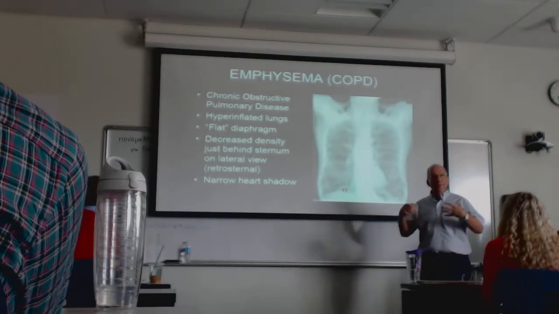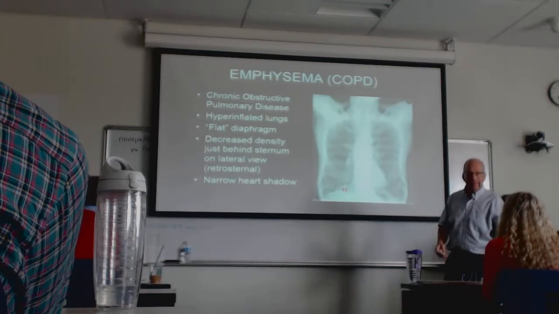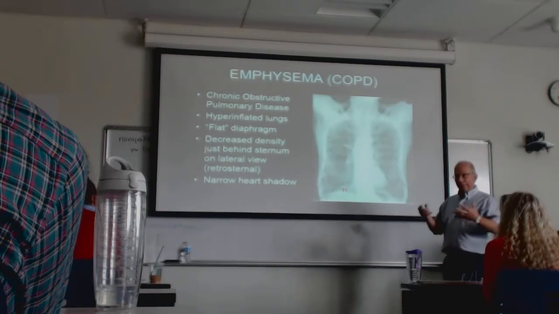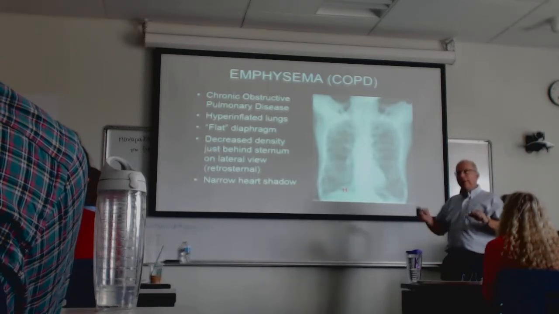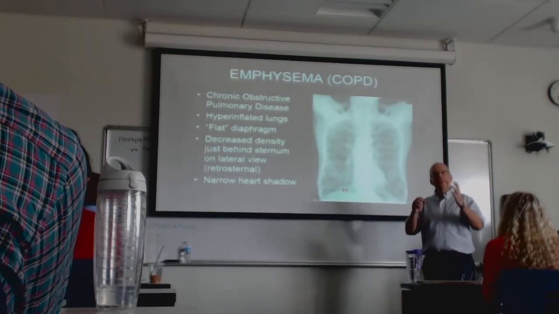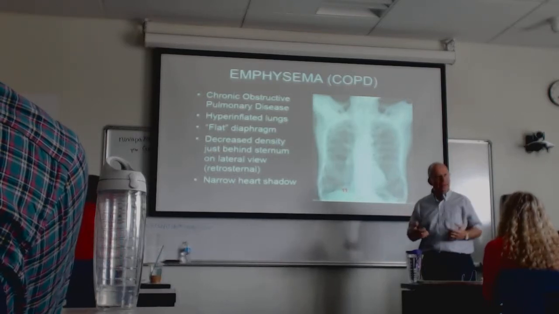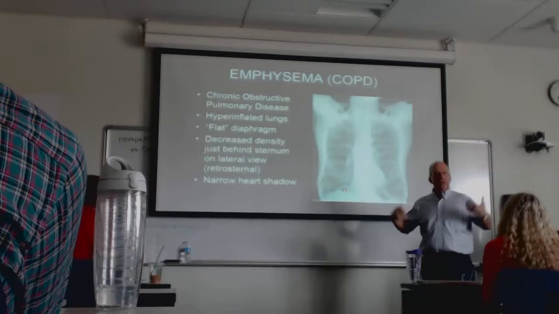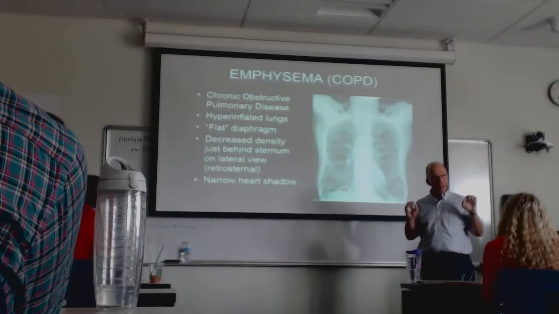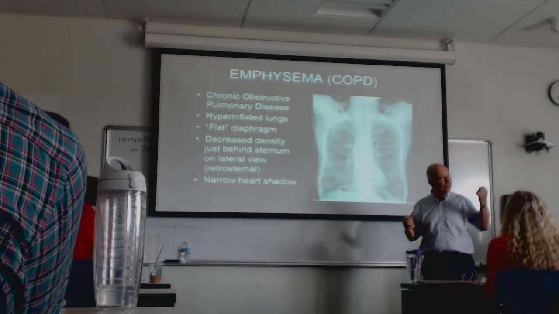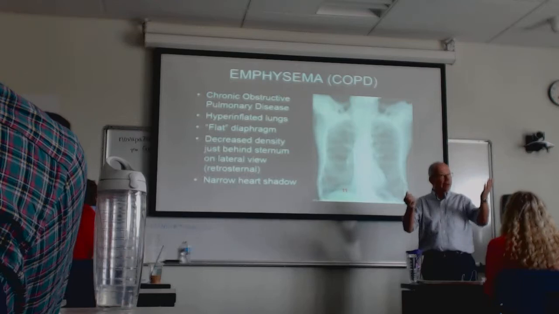And so you get larger air spaces in the lungs, and then to add insult to injury, when the air spaces get too big, all the muscular coverings of the airways fail. Every time you exhale, you not only use your chest muscles to exhale, which increases thoracic pressure and pushes the air out of your lungs, but these smooth muscles around your airways also constrict to push the air out.